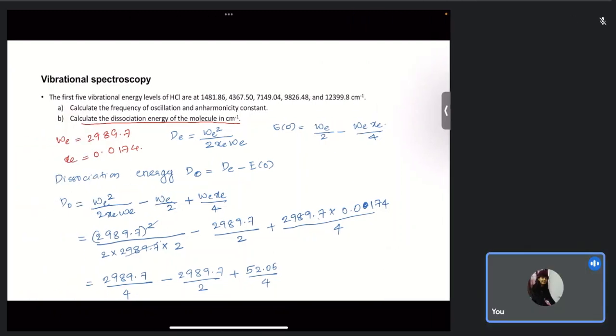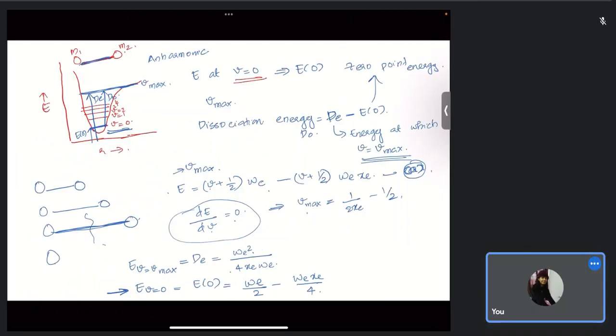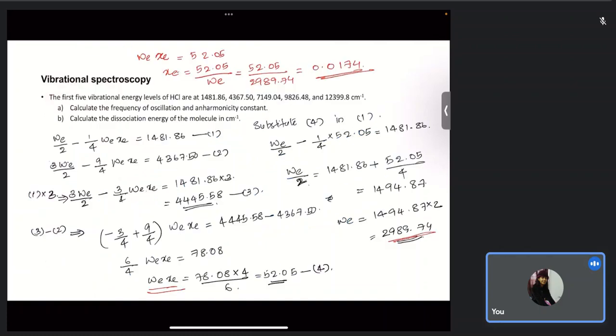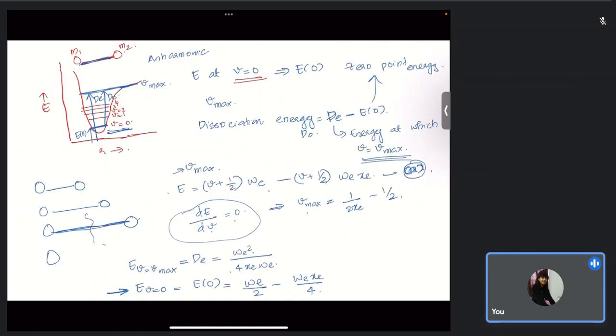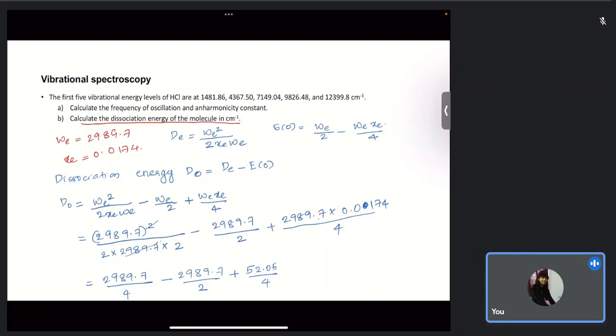Yes, from the previous calculation that we have done, it is 52.05. But still this won't come out to be the value that it should be. I don't know where I made the mistake.